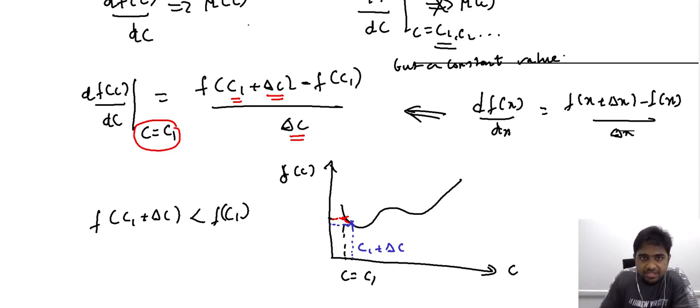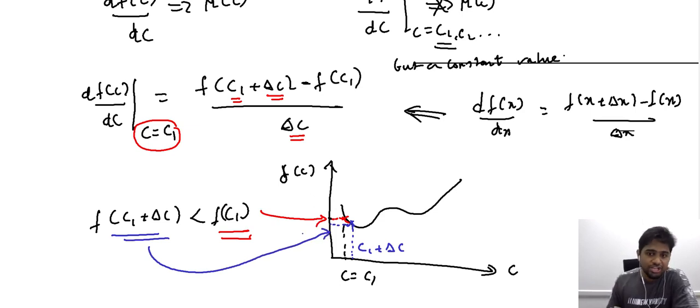Red here is the original free energy, f of C1, and f of C1 plus delta C is the blue one here. And as you can see, the value of the free energy has reduced.